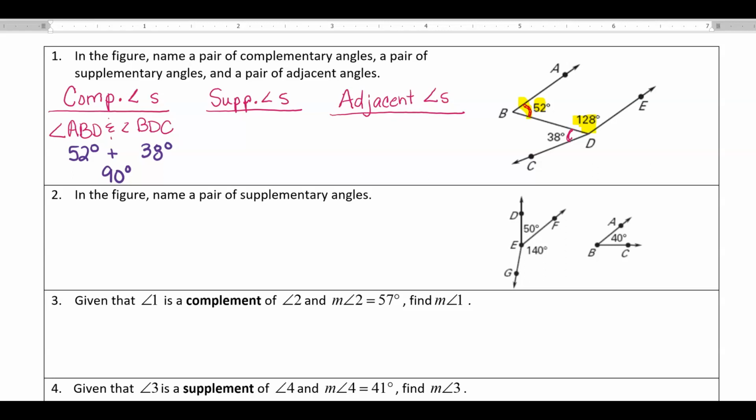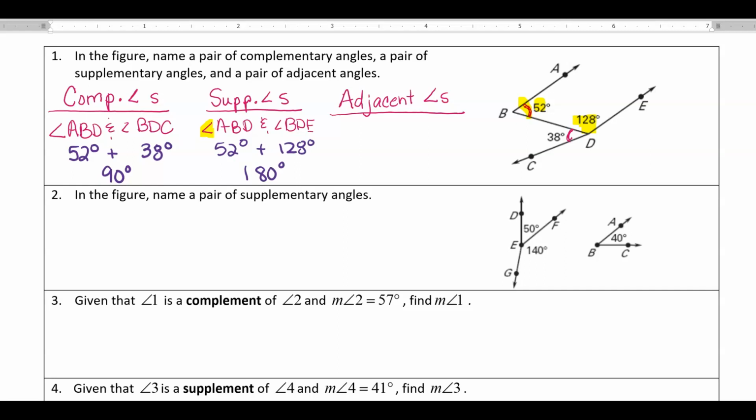So in order to write that, I label angle ABD and angle BDE. So now again, ABD was 52 degrees, and BDE was 128 degrees. When you add those up, you get 180 degrees, which makes them supplementary.